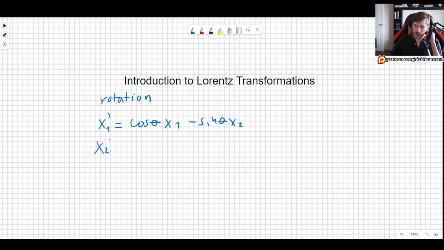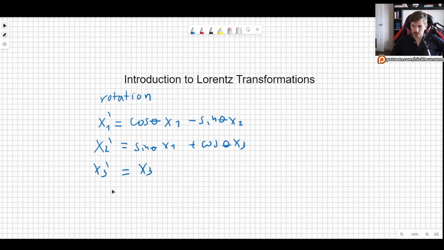And then the y transformation, or x2 prime, is now sine of theta times x1 plus cosine theta times x2. Since what we have here is a rotation around the x3 axis, x3 is unchanged. That's the way that we usually write these rotations.